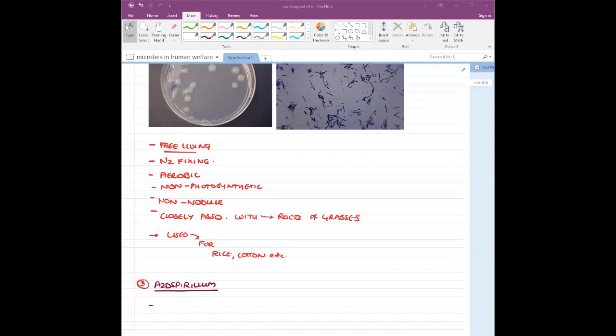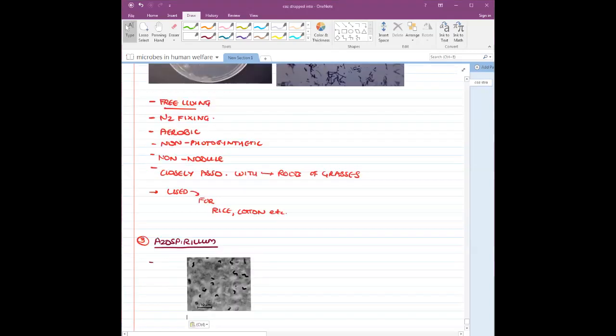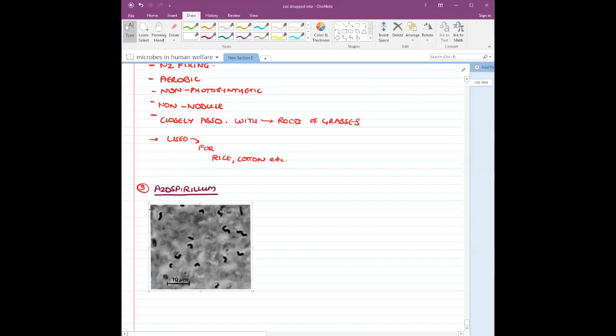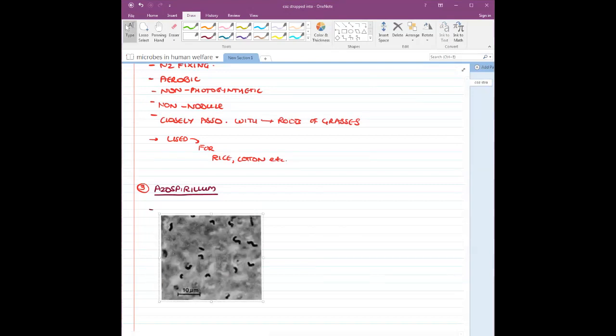One minute, guys, let me just take a quick image. As the name suggests, azospirillum, spirillum meaning it has to be spirals. This is how it is going to look. It is going to be small spiral structures. We have a huge image here, but that image is not distinctive enough to show you.